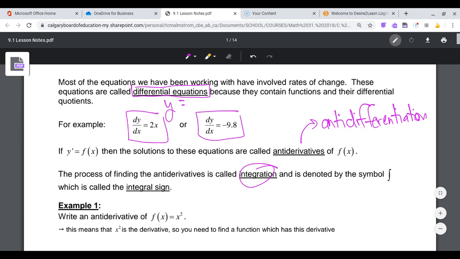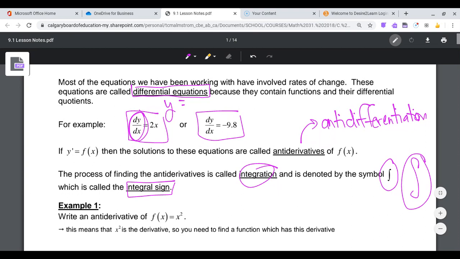But regardless, we're going to be doing integration, and it is denoted by this kind of long-looking skinny S symbol, and that's called the integral sign. So just like dy/dx is telling you to take the derivative, this integral sign would be saying you need to take the antiderivative. You need to integrate and work backwards.